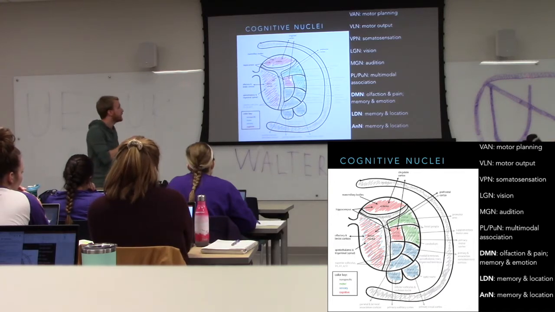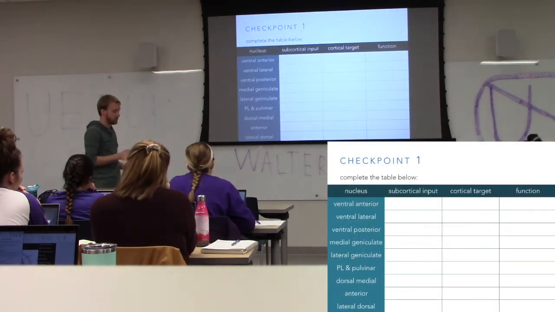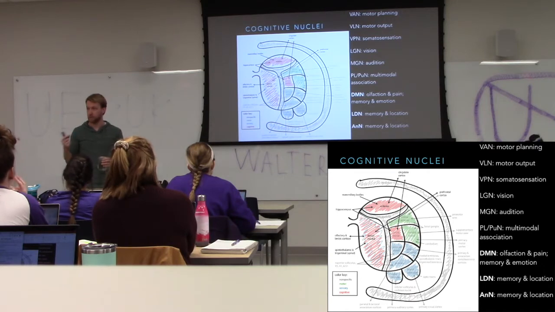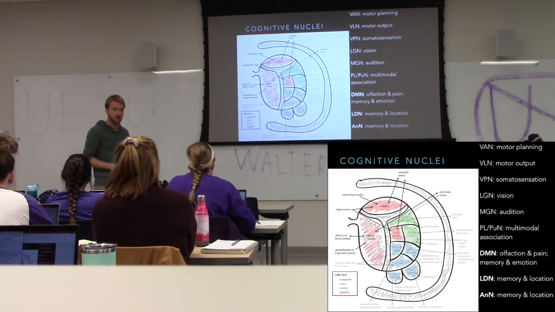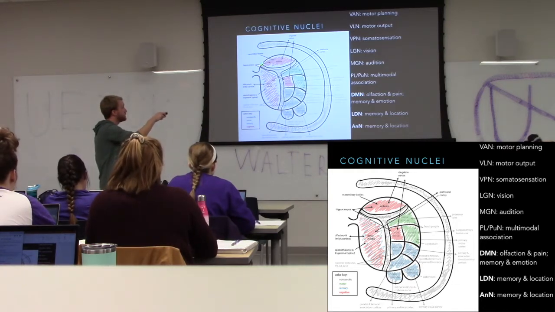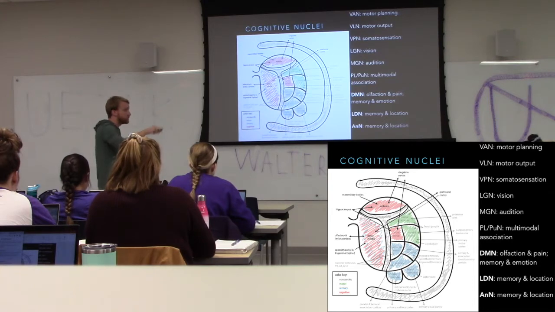So these red nuclei here, your anterior, your lateral dorsal, and your dorsomedial nuclei, are going to be our cognitive nuclei. So they're going to help us create our emotion, and they're going to help connect different memory circuits, whether they are in the limbic system here or in your prefrontal cortex.